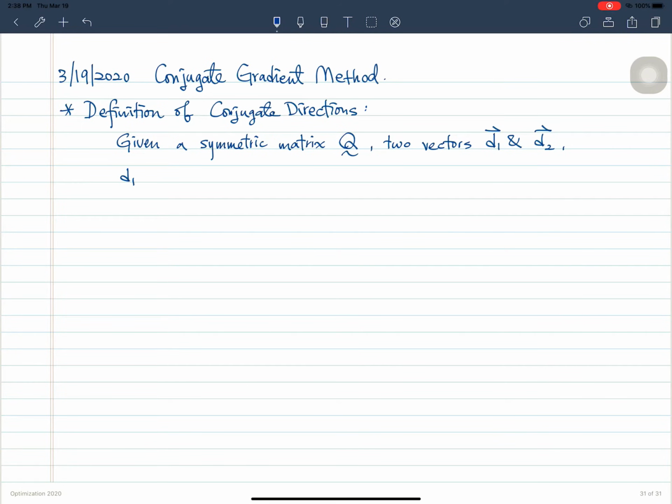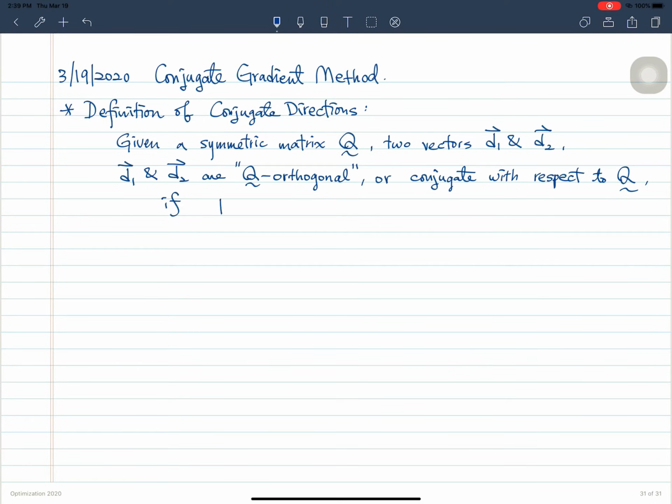So D1 and D2 are the important phrase here. They are Q orthogonal, or conjugate with respect to Q, if what? D1 dot Q dot D2 equals 0.